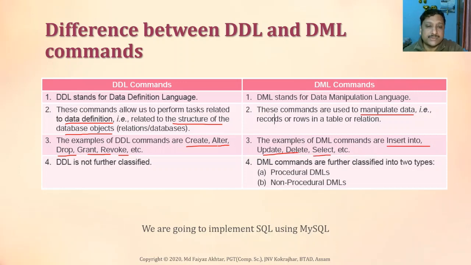DDL is not further classified, meaning DDL commands are fixed and there is only one category of DDL commands. But DML commands have two further classifications: procedural DMLs and non-procedural DMLs. Some DML commands can be used in procedural programming also, and lots of non-procedural commands are also available.